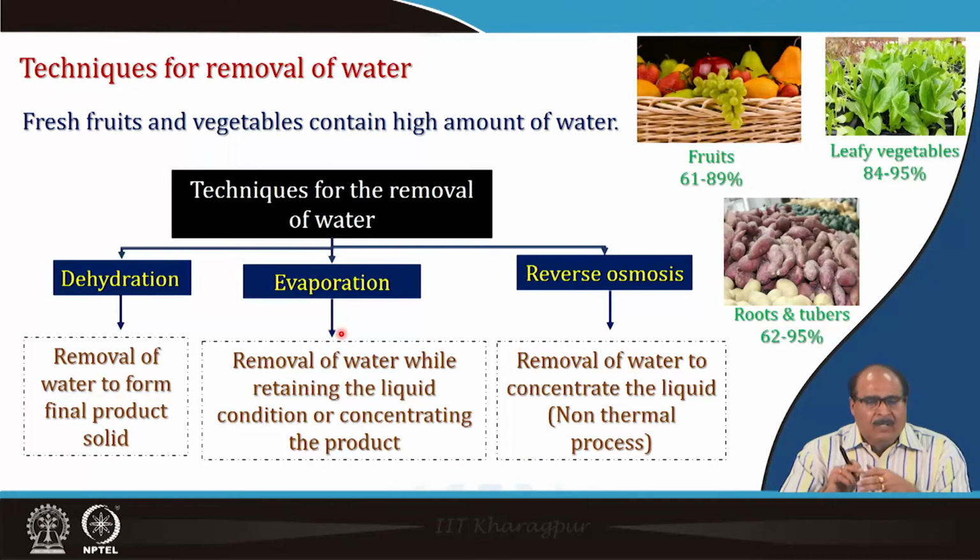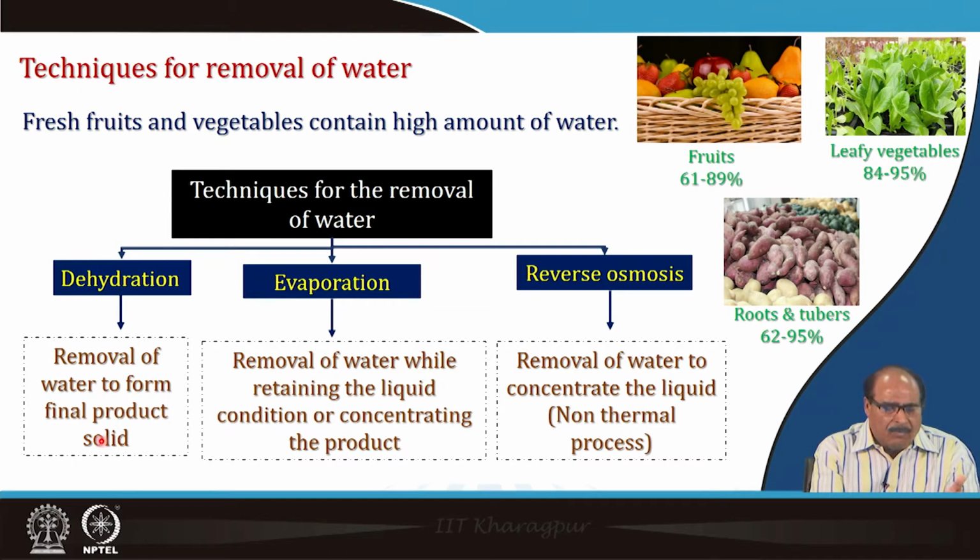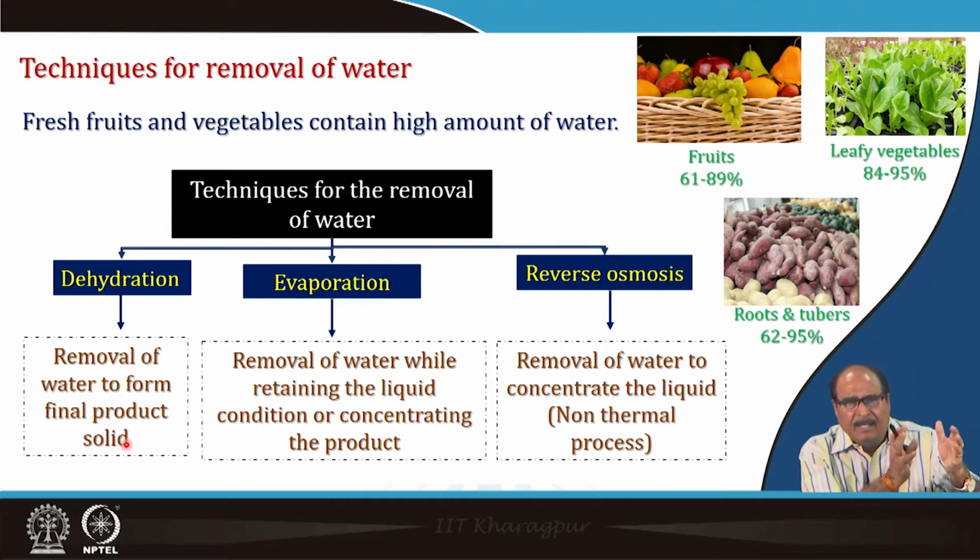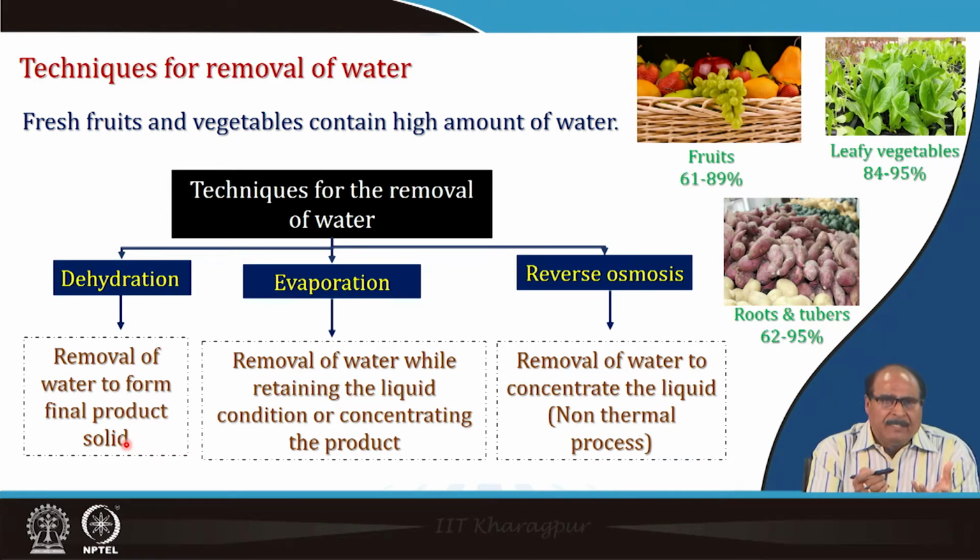Now let us see what are the different techniques which are used for removal of moisture, because fruits and vegetables generally contain a high amount of moisture. So, dehydration, that is removal of water to form the final product as a solid, that is, after drying the dried product will be obtained in solid form.